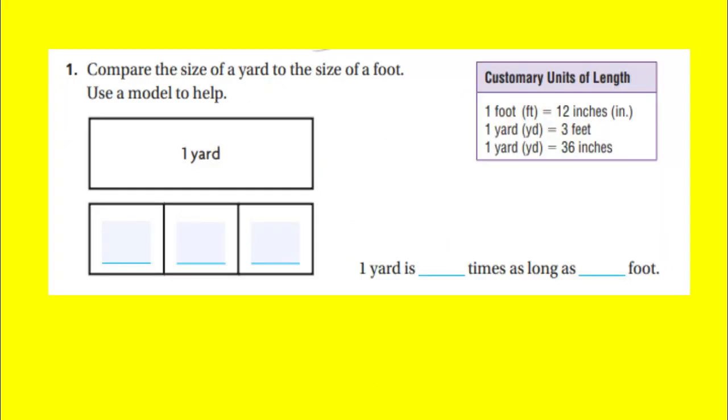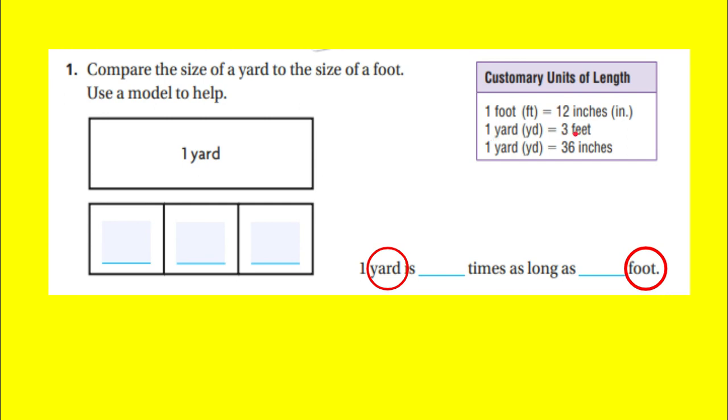Number 1, compare the size of a yard to the size of a foot. Use the model to help you. So here they give us 1 yard. 1 yard is, well, let's go look at my buddy over here on this side. I'm looking for yard and I'm looking for feet or foot.